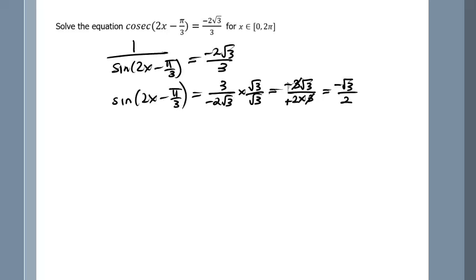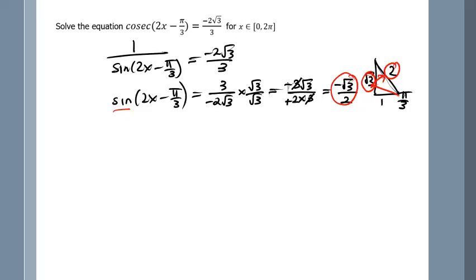So to solve this equation from 0 to 2 pi, the first thing we need to do is draw our special triangle to find our primary angle. 1, 2, root 3, pi on 3. We've got sine, and it equals negative root 3 on 2, so there's root 3 on 2.